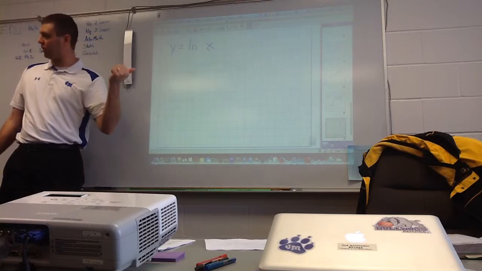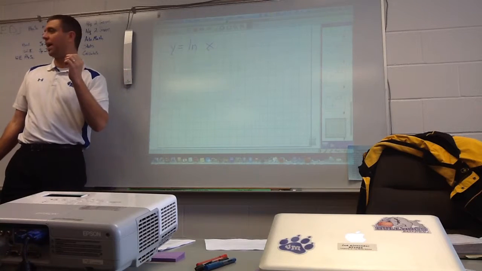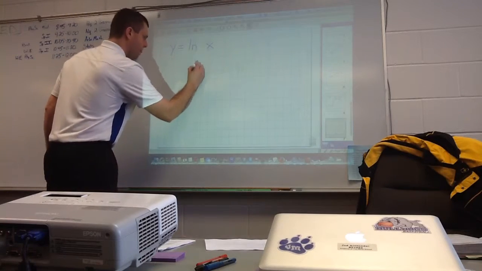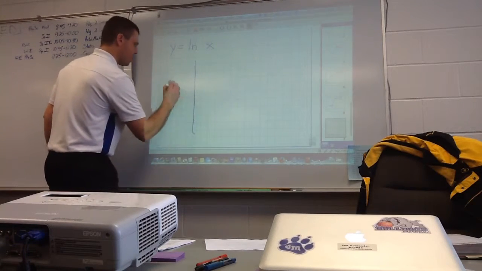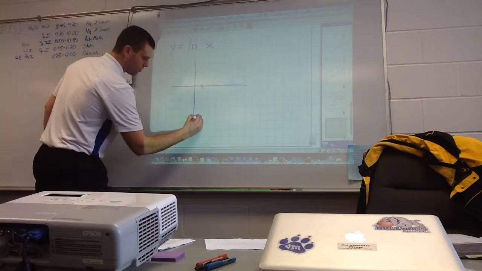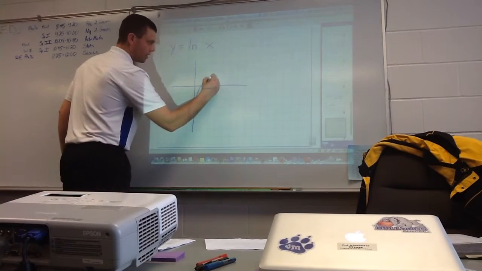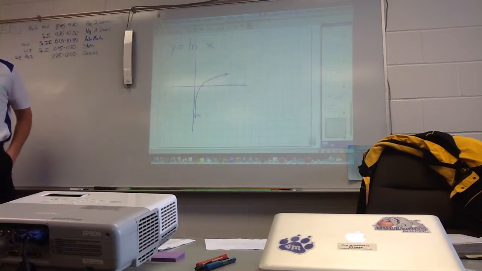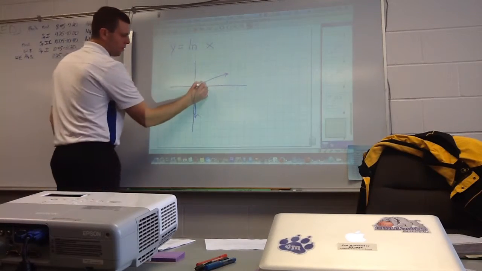So on this one, when you graph it, make sure it's passing through the point 1, 0. And then this one ends up looking like this. It's got to hit the point 1, 0.